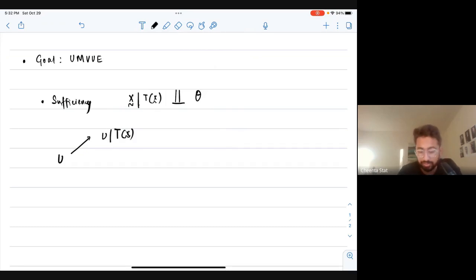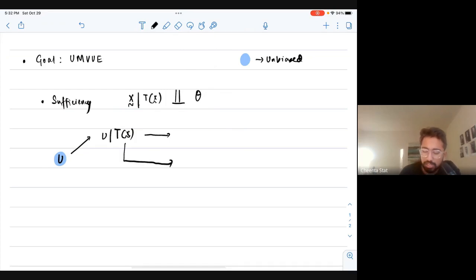U is a function of X only, so let me write it in the previous way only: U, and U is unbiased, and this notation is for unbiasedness. We'll check the properties of this too. Very interesting properties are there.